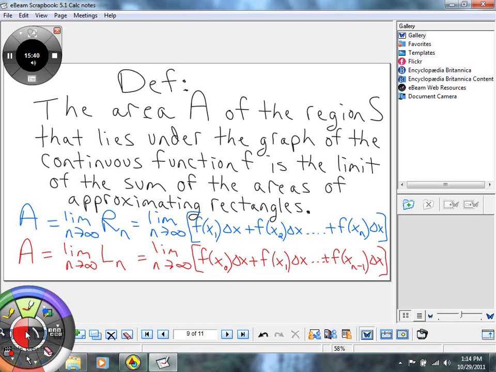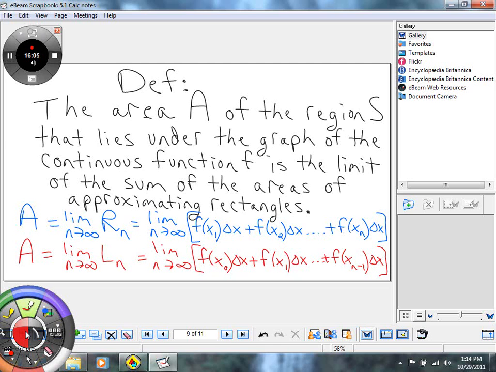If you had a whole bunch of rectangles, like you saw from the calc in motion, we start getting really accurate. And so we say that the limit as the number of rectangles goes to infinity equals the area under the curve. And later we're going to say, you know what, that's what an integral is. That's what we'll say in the very next section. So we can already say that now.